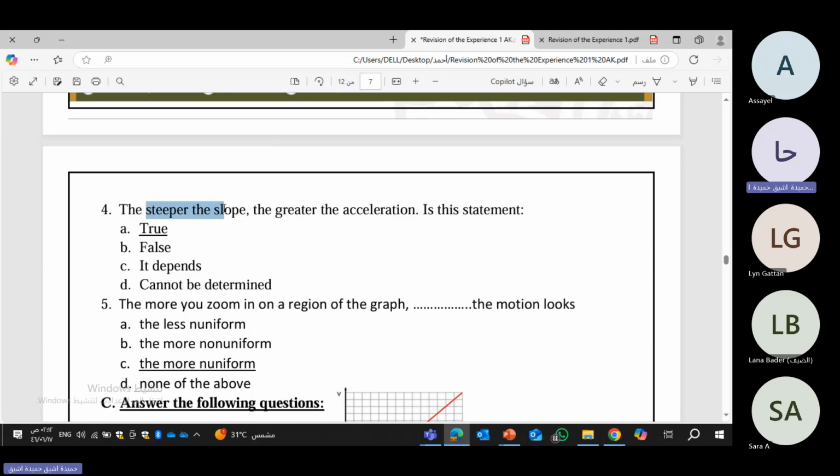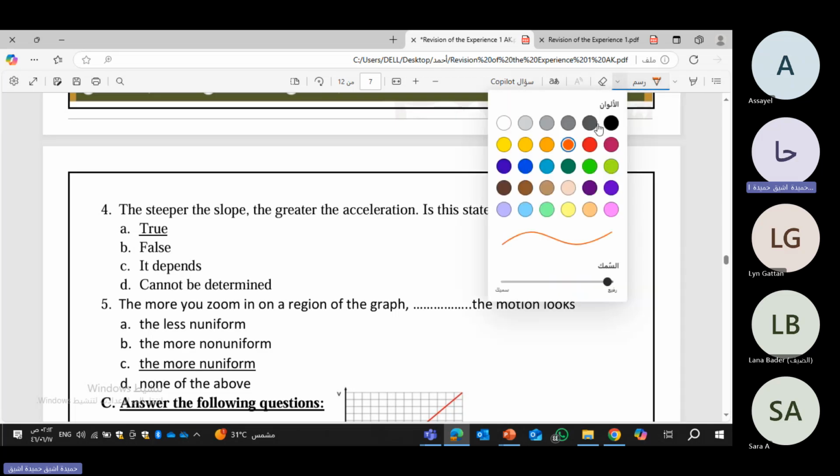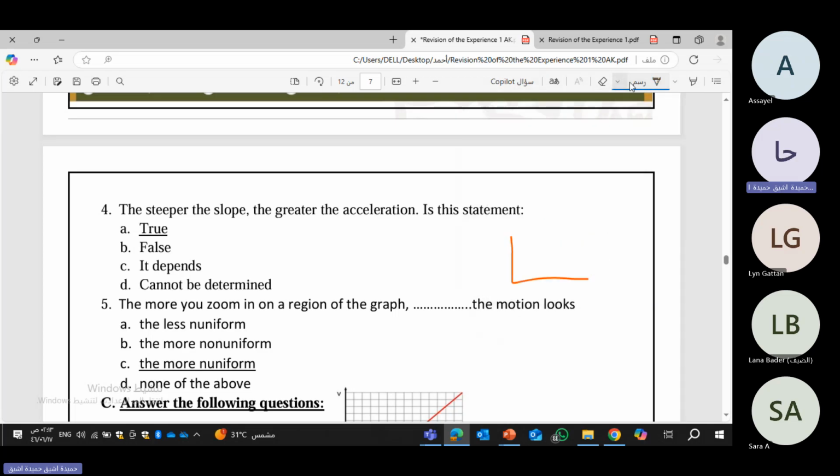The steeper the slope, the greater the acceleration. Is that correct? Yes. If you remember, we took this in velocity and in acceleration. We took it twice, actually. For example, you have this line, we call it A, which is steeper than B. This is velocity over time.